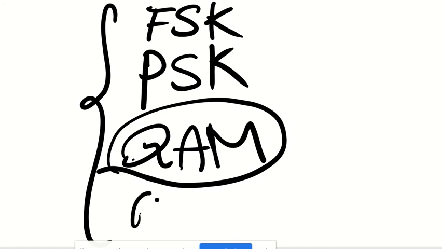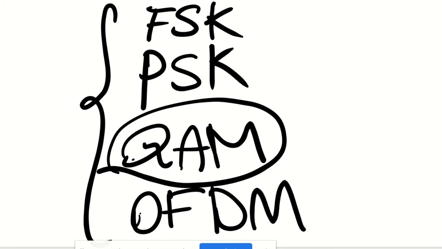And the last one is OFDM, orthogonal frequency division multiplexing. I'll talk about these three today: FSK, PSK, and QAM. FSK and PSK you already know, I assume, but I'll go over them regardless, and then I'll talk about quadrature amplitude modulation.